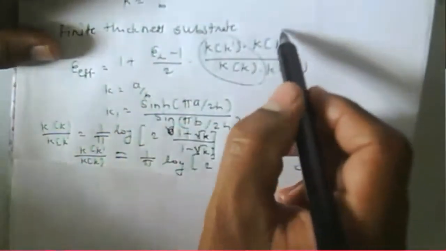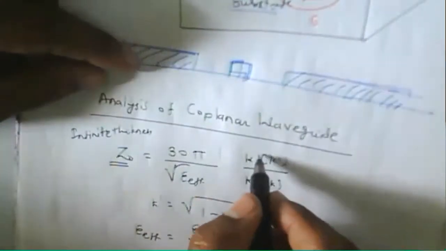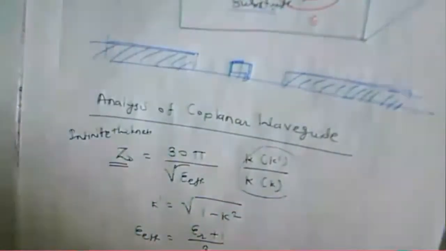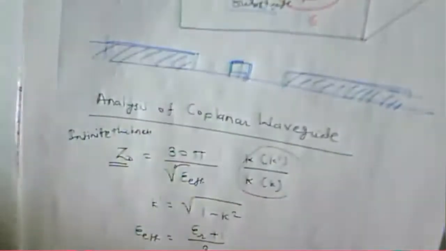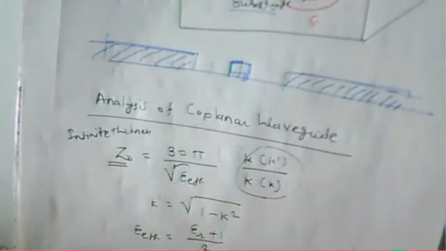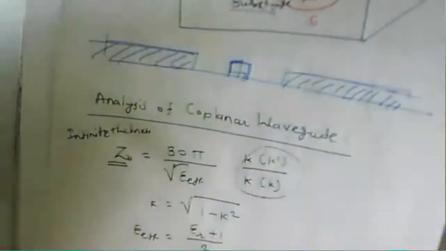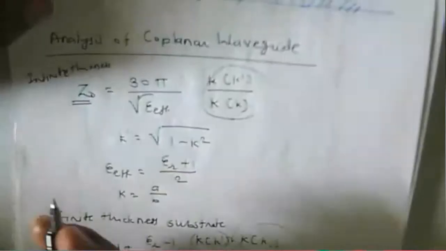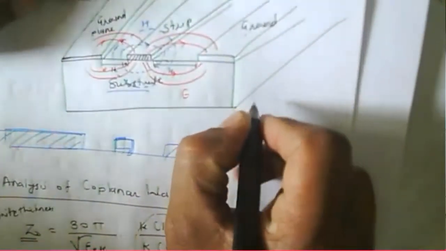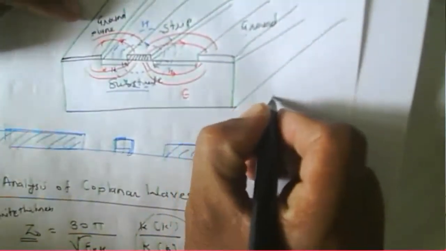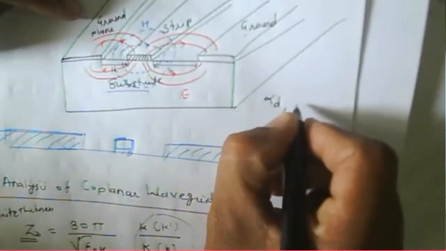In that case, k square goes from 0 to 0.5. That is the relation here, and you can calculate this particular equation. With these two equations we get the equation for Z0. It is the same equation for finite thickness as for infinite thickness, but only the K by K dash ratio changes, because epsilon effective is different here, so Z0 will be different.